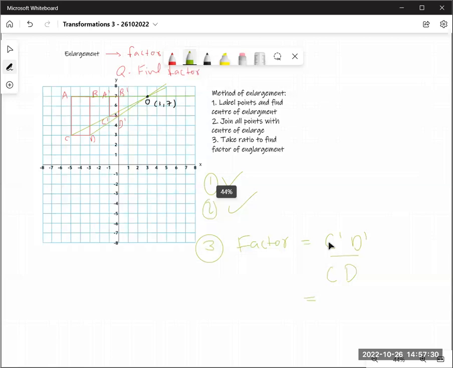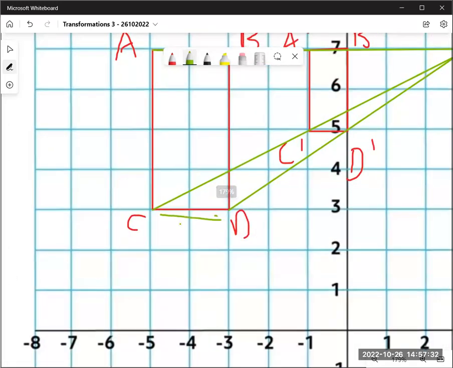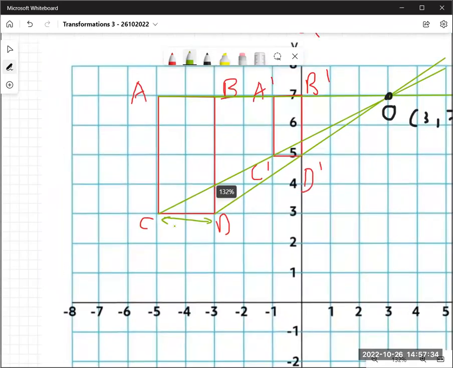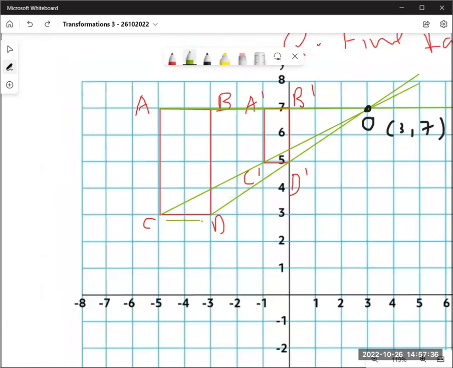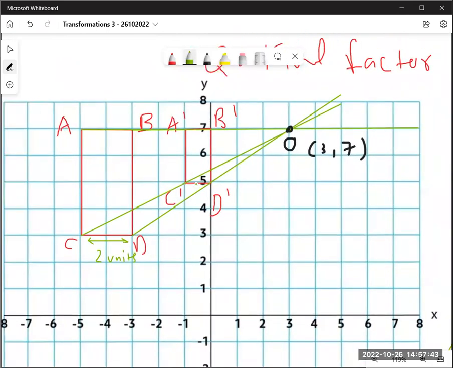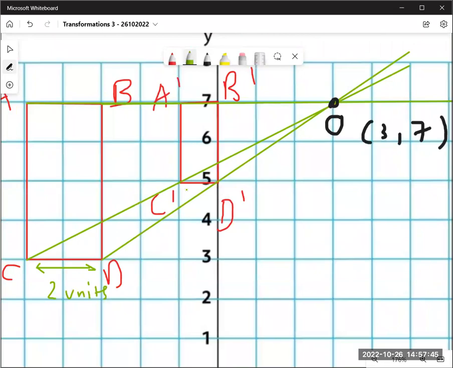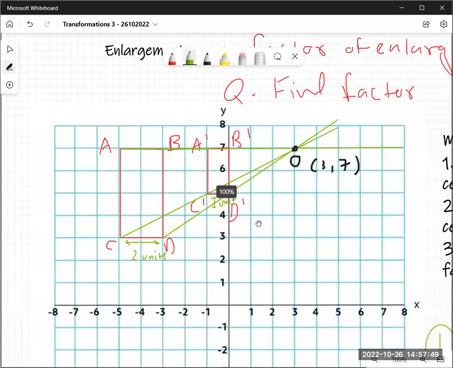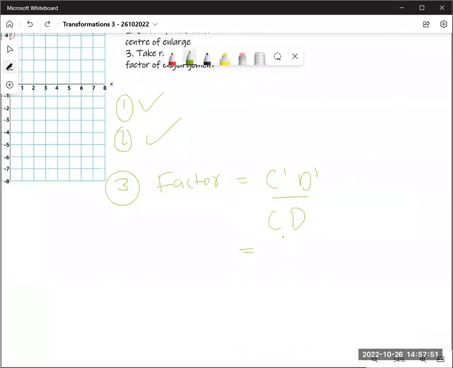Now, length of the side. Can you tell me how many units? 2 units. And how many is C dash D dash? 1 unit. Now the factor is how much?